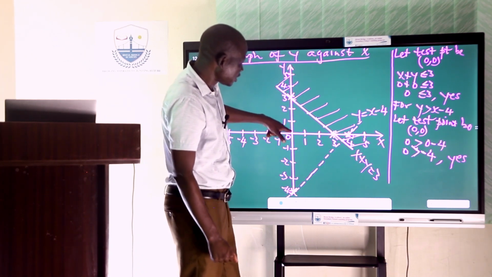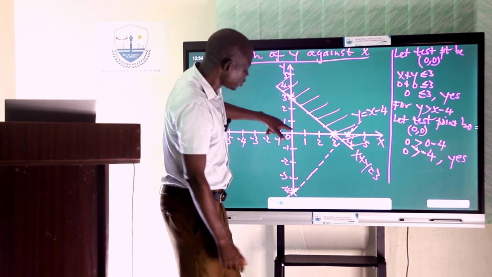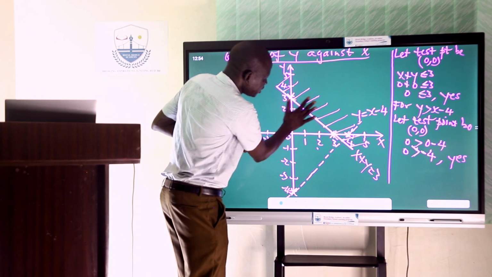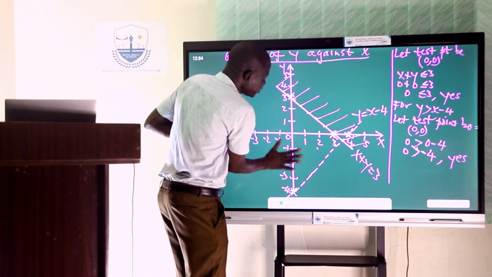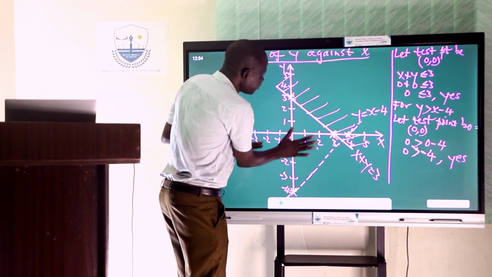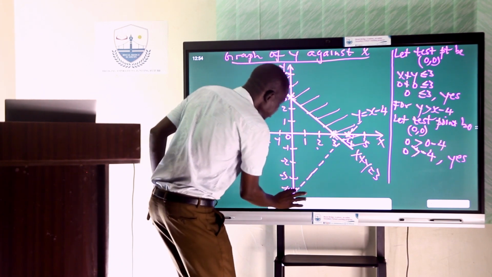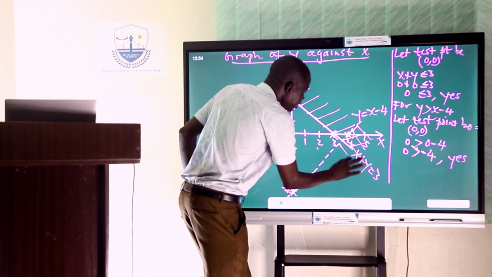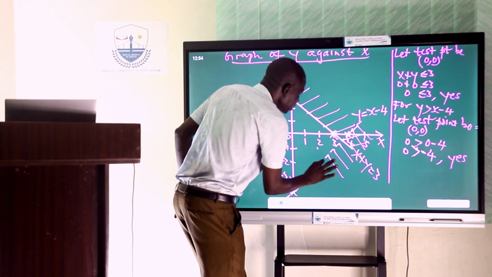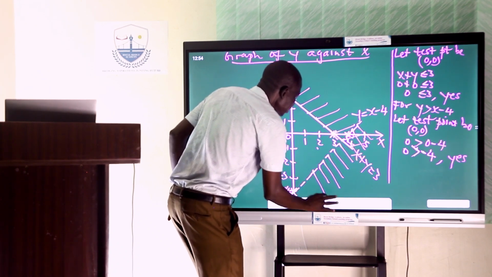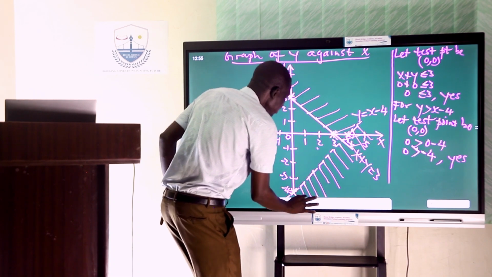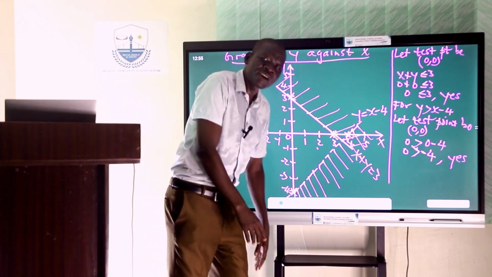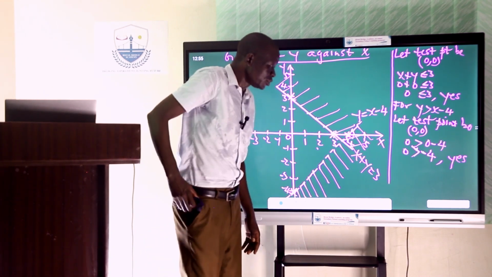This is the point where we chose it. So the whole of this part satisfies the inequality. So this is the wanted region. If this is wanted, it means behind this line is unwanted. The whole of this region is unwanted. We shade it there like that. So there we are. After that, we continue.